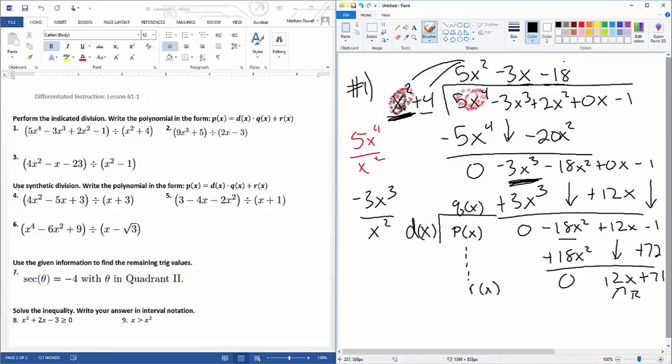So the d of x is this, the q of x is what's on top, and then the r of x is going to be my remainder here. So writing it, and then plus my remainder. And that's my answer.